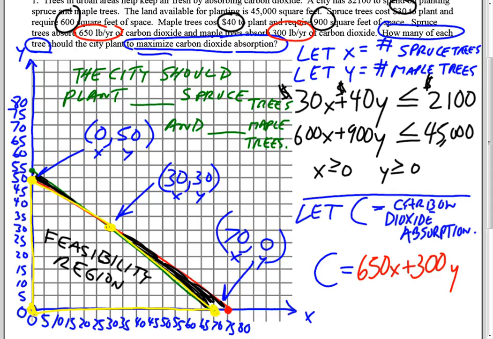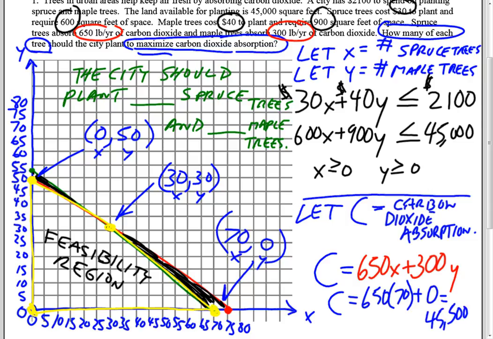I'm hearing different results. Who thinks that it's 30-30? Who thinks that it's 70-0? 70-0. If you put 70 into here and 0 into here, that's still going to be more than putting 30 in for X and 30 in for Y. What is your total when you do 650 times 70 plus 0? 45,500.